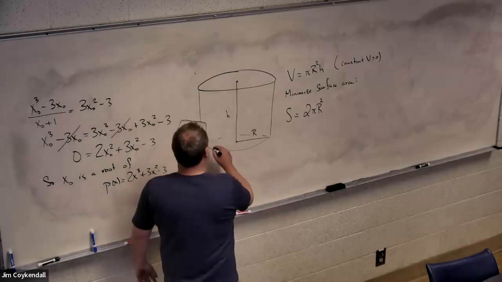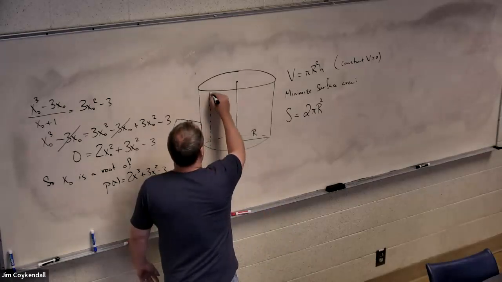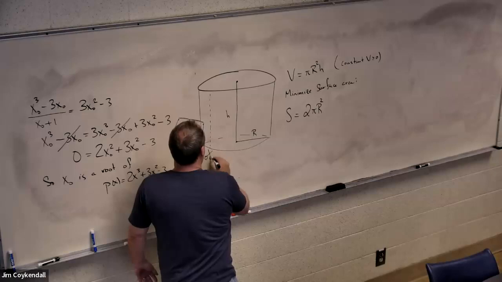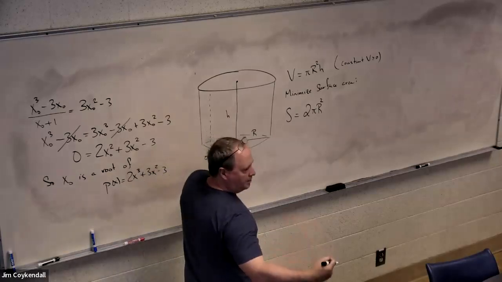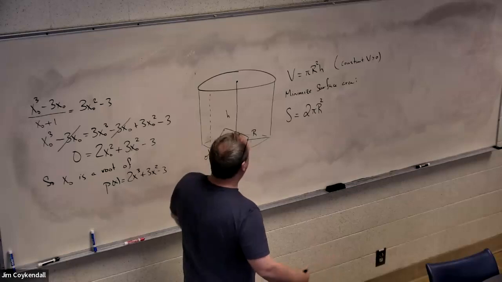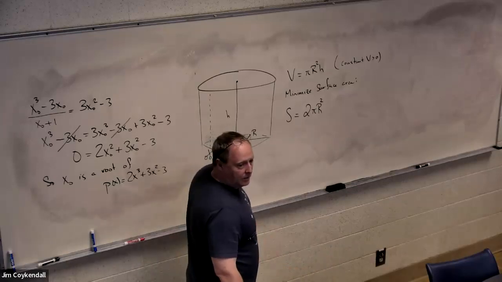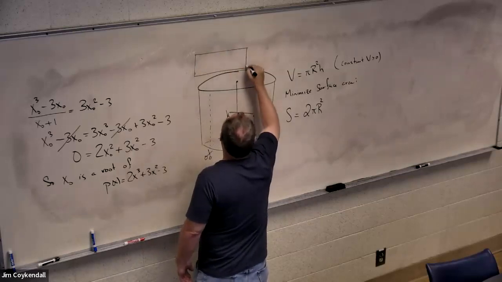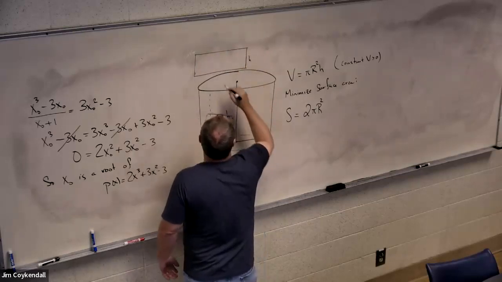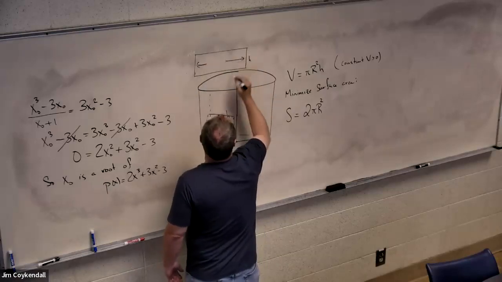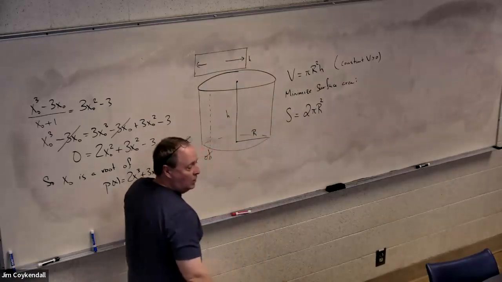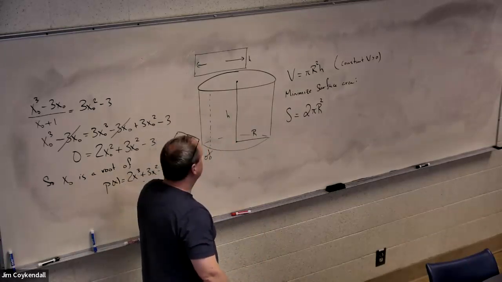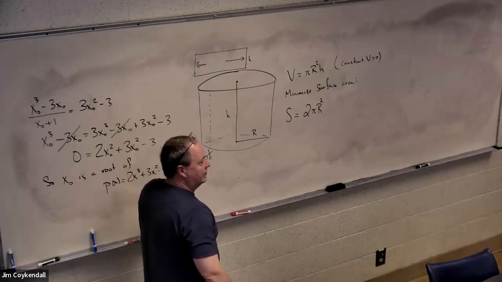Remember that we cut this open, take a pair of metal shears, cut the side open, put it on the table, pound it out flat, and it will look like a rectangle. The rectangle that I pounded out has height h, and the only thing I need to know is what the width of that is. What is it? So does everybody understand what I did?